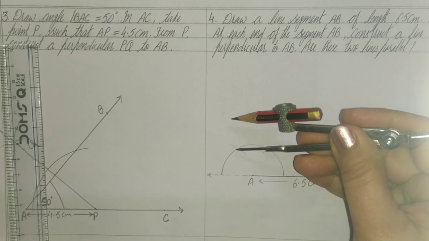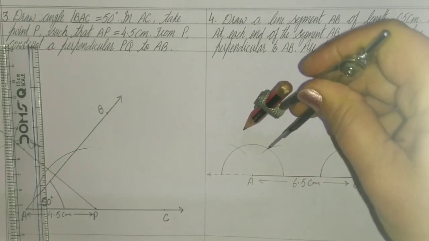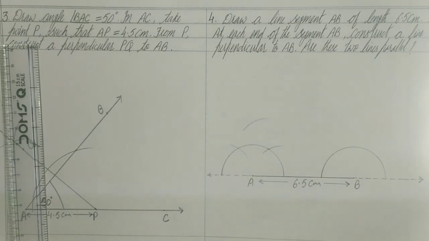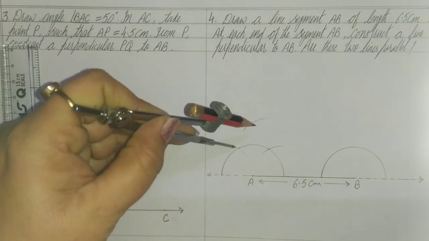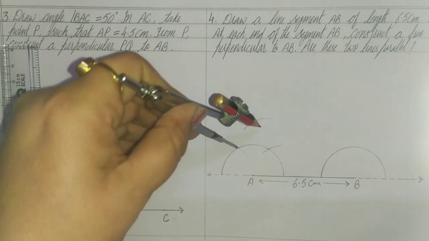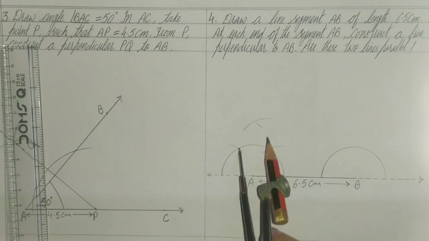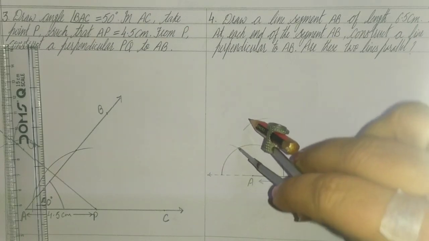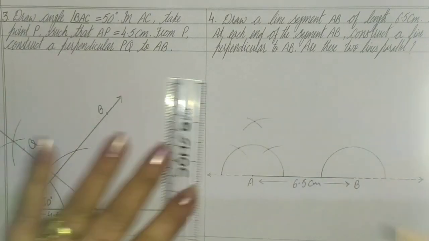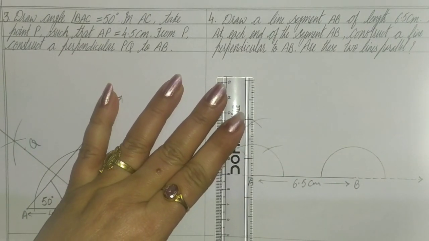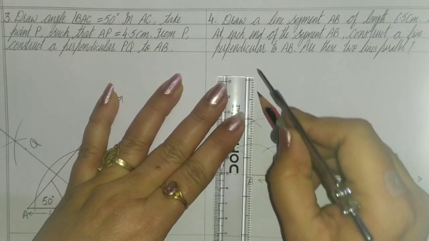Now put the pin of your compass at these two points one by one, then again mark the arcs of the circle, and these must intersect each other at a point. This is the point of intersection. Just draw a line because it should be a line.